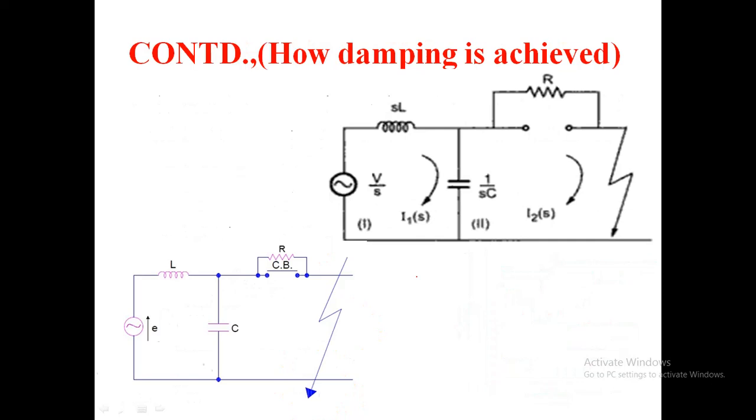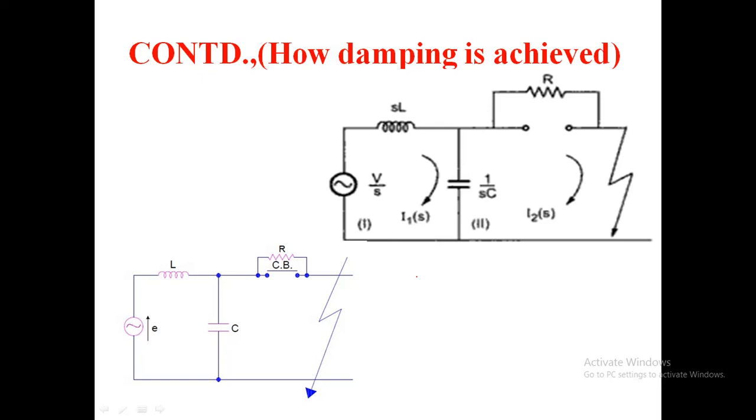Coming to the circuit diagram, when the resistance is connected across the arc, part of the current will flow through the resistance, so that it decreases the arc current and increases the ionization path and resistance. This will increase the current through the shunt resistance.